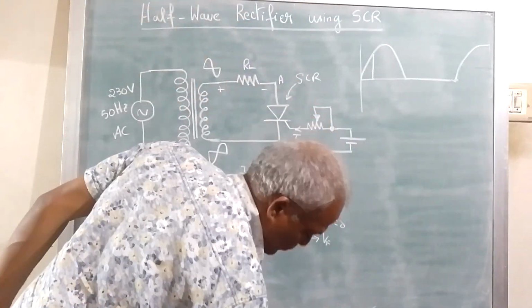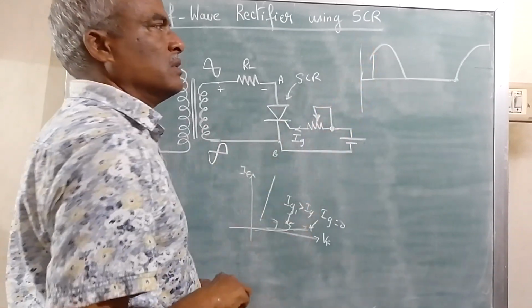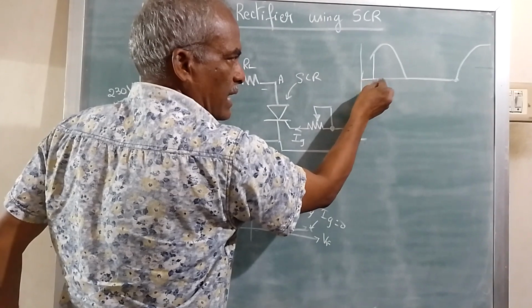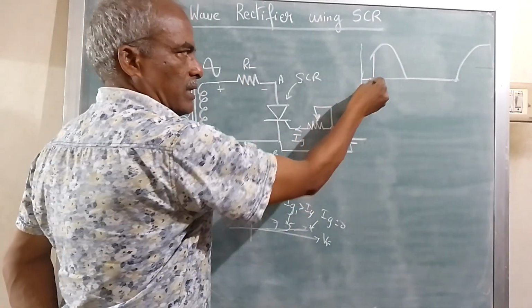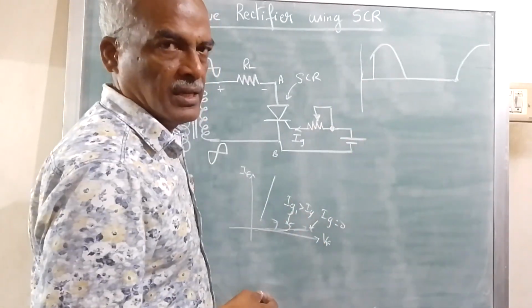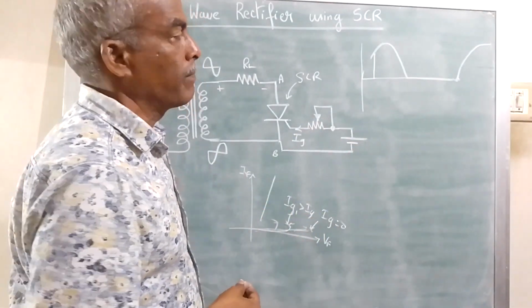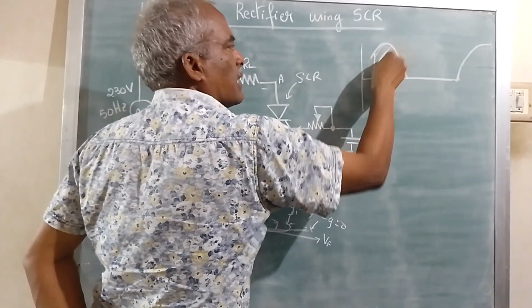So it will start conducting here, and this conduction angle can be adjusted with the help of gate current. You can make this come down, or increase it, by increasing or decreasing the gate current. So this will be the conduction angle.